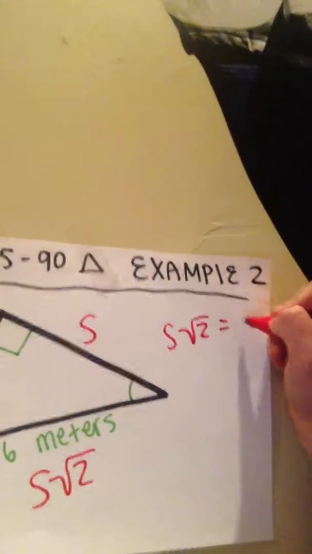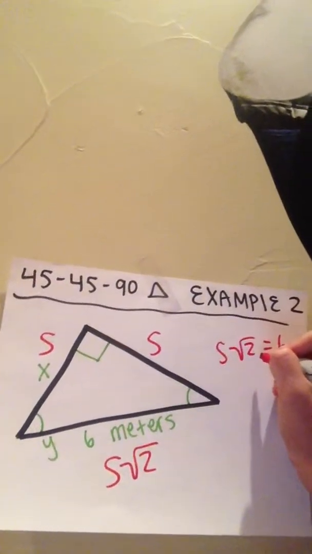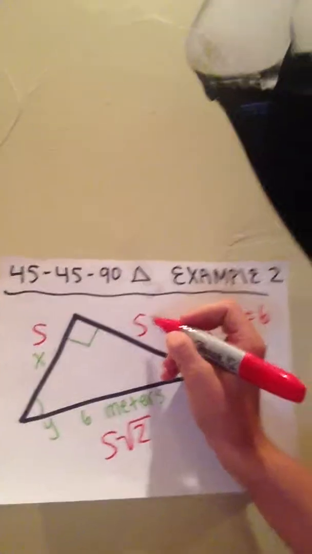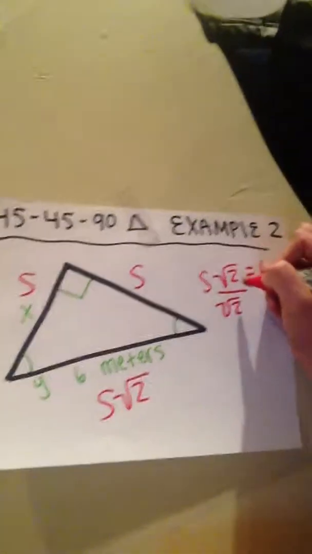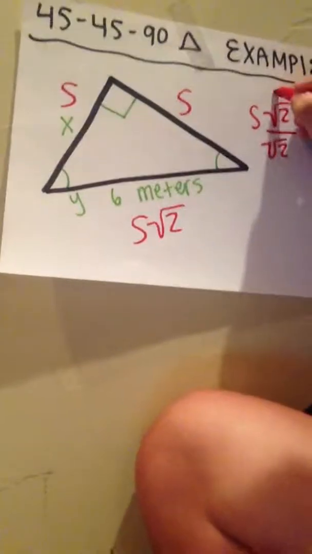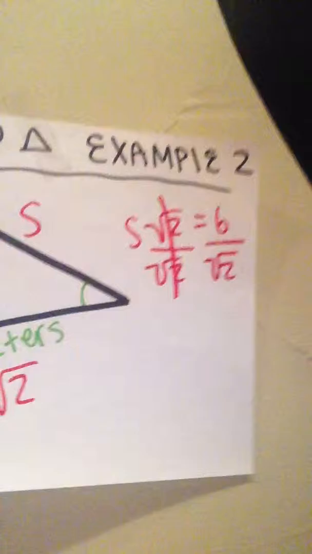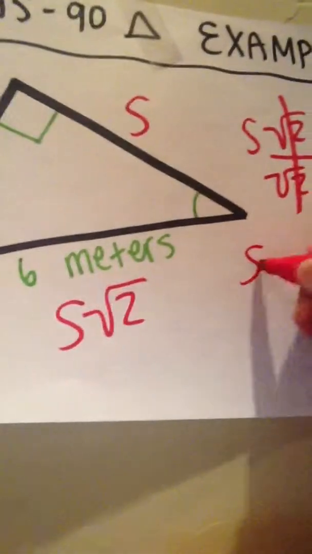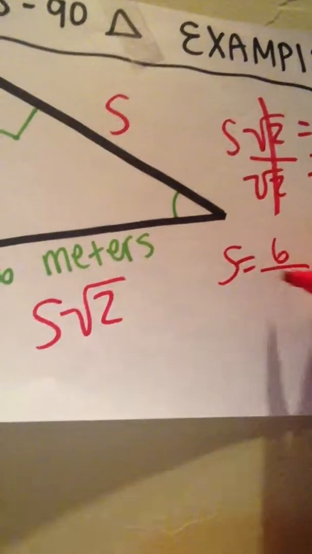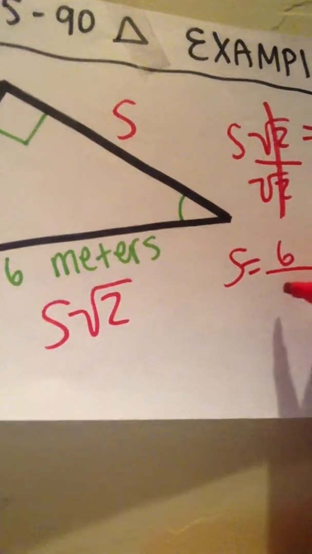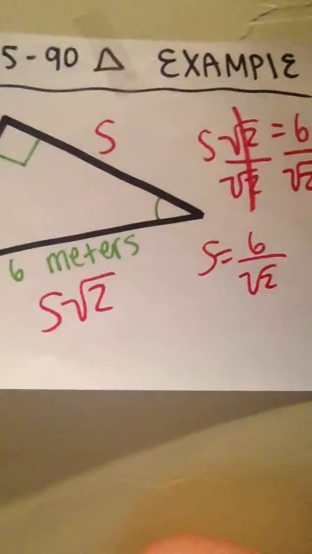So what you're going to do is try to get s by itself to find out what the length is. The way you're going to do this is divide by the square root of 2 because you're trying to cancel it out, but whatever you do to one side, you have to do to the second side. So you're going to do the exact same thing to the second side right there. And so then it's going to leave you with s equals 6 over root 2.